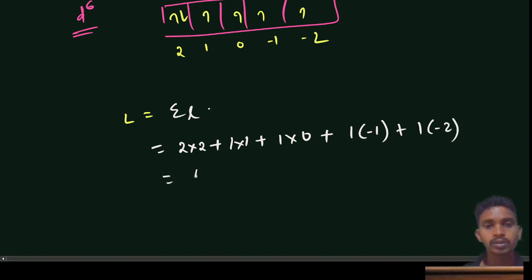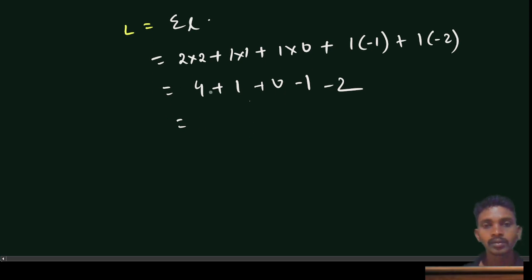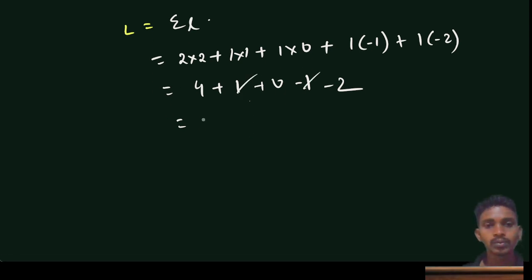So this is 4 plus 1 plus 0, minus 1 and minus 2, which is 5; this cancels and it will be 2. So the L value, again, we get 2.